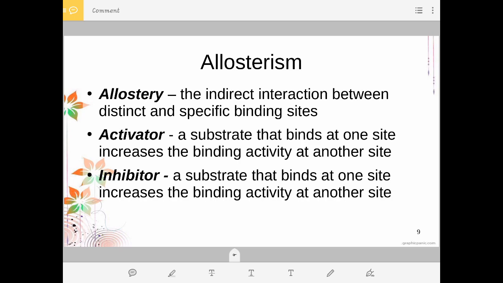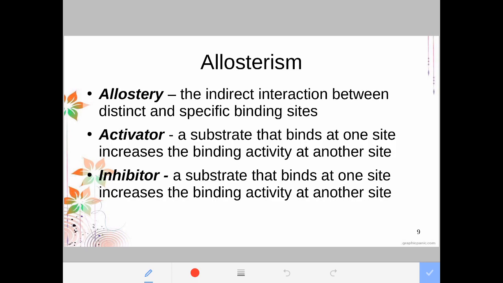So it can be an activator, where your substrate binds to one site and increases the binding activity of the enzyme at another site. Or it can be an inhibitor. One substrate binds to one site and decreases the binding activity at another site. So basically, that's your inhibitor.